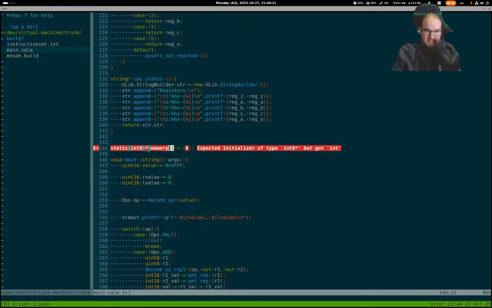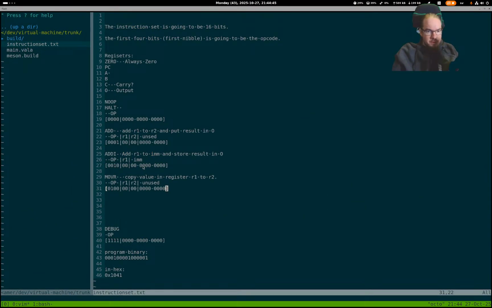How many bits do we have to work with in an address?